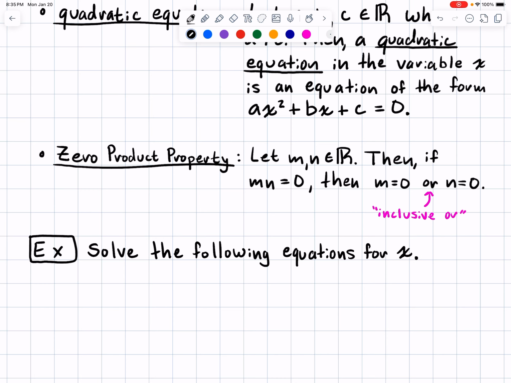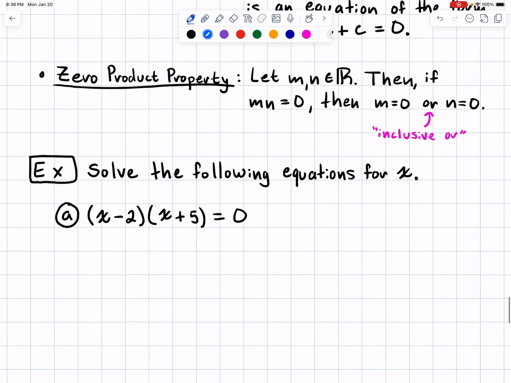So we have part A. x minus 2 times x plus 5 equals 0. So I'm going to rewrite the problem.